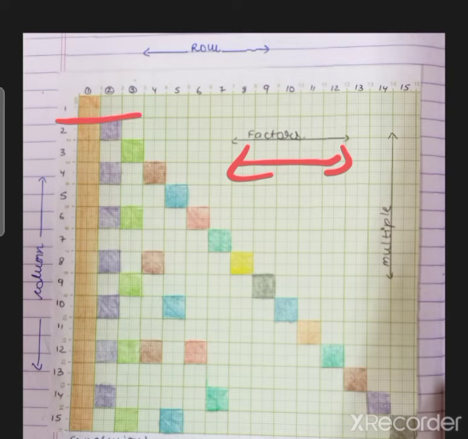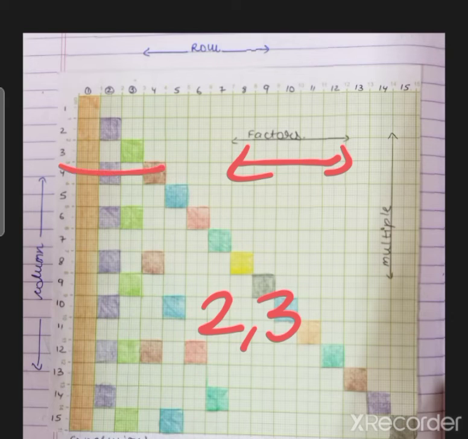Now see this, only 2 factors. So 2 has only 2 factors. That means 2 is a prime number. Talking about 3, 3 is also a prime number as 3 also has only 2 factors. Which factors? One is 1 and the second one is 3.